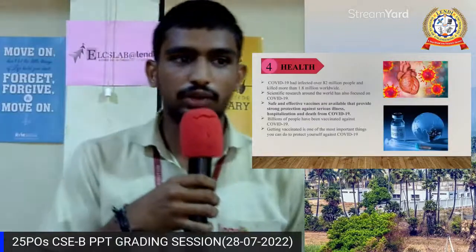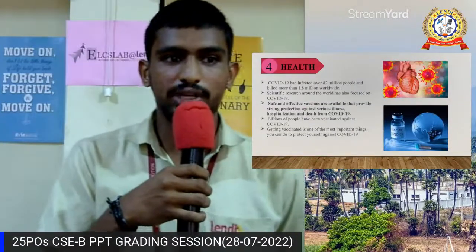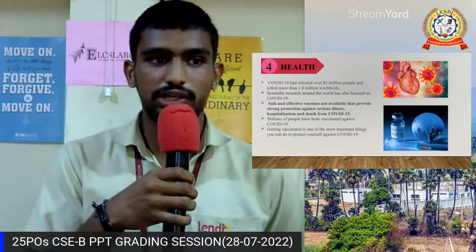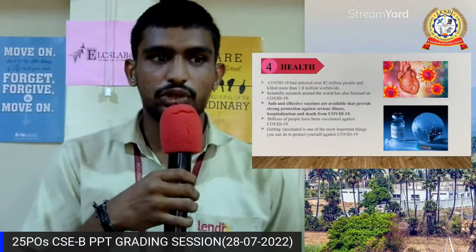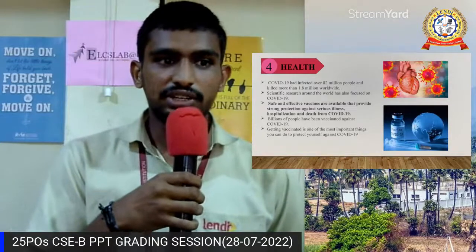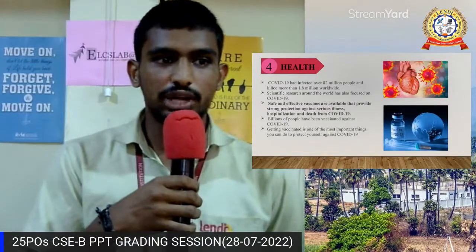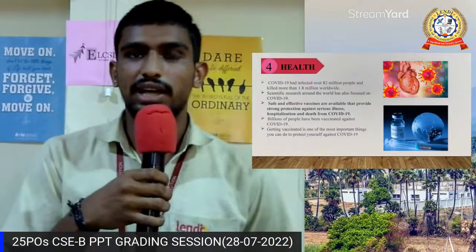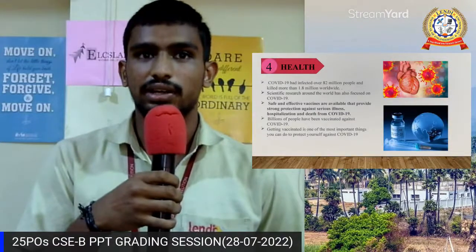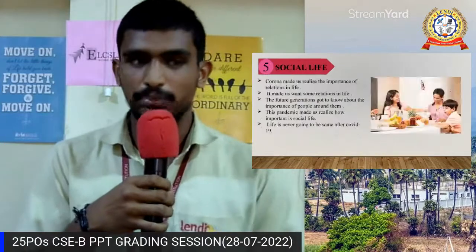Coming to health, COVID-19 has affected over 82 million people and killed more than 1.8 million worldwide. Scientific research around the world has also focused on COVID-19. Getting vaccinated is one of the most important things you can do to protect yourself against COVID-19. The vaccine has come to the world and saved many of our lives.